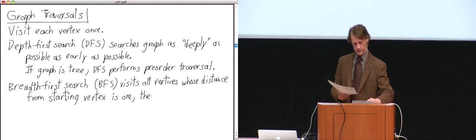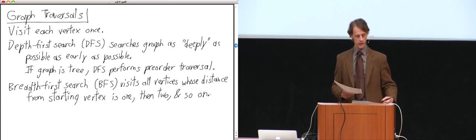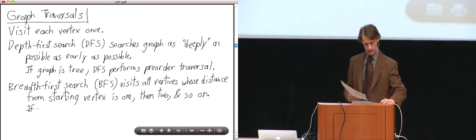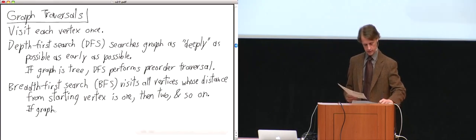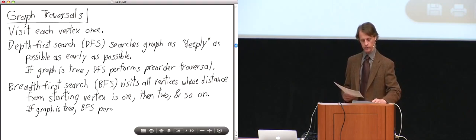And then it visits all the vertices whose distance from the starting vertex is 2, and then 3, and so on. So if your graph is a tree, then breadth-first search is actually doing a level order traversal on that tree.